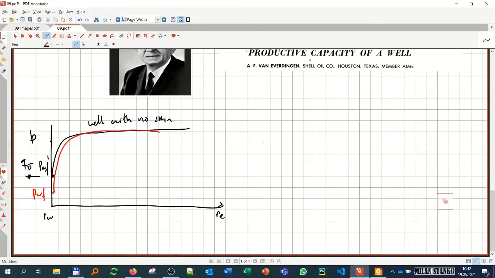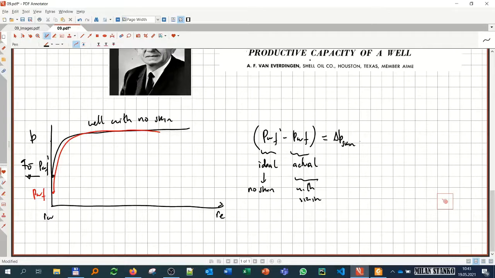The difference between the ideal, with no skin, and the actual, with skin, is the delta P of the skin.